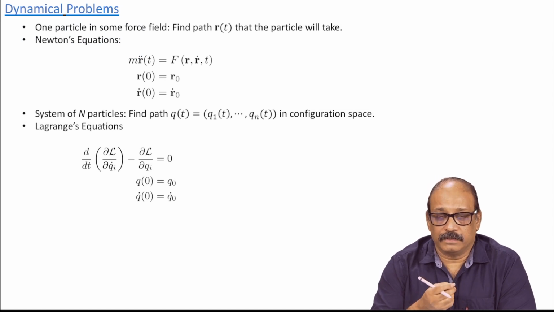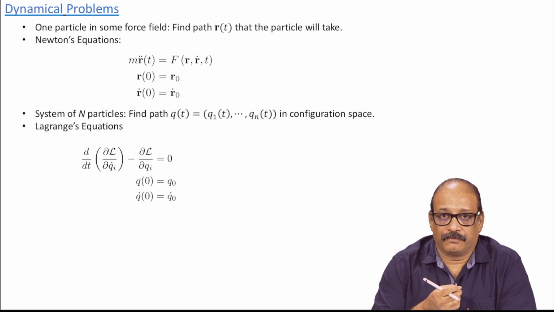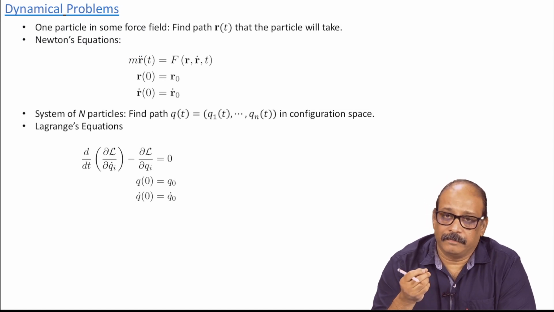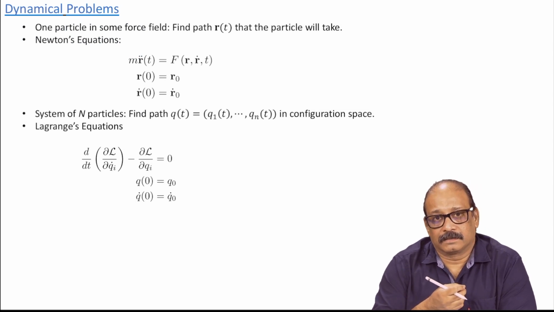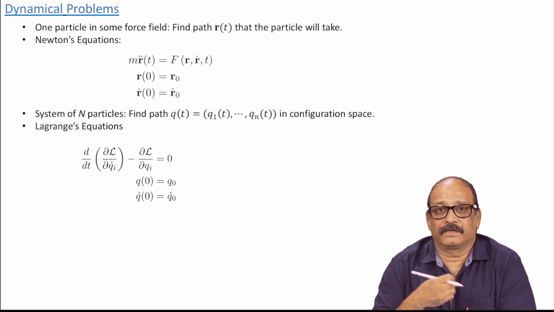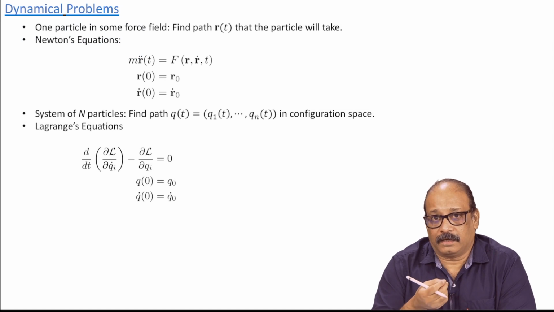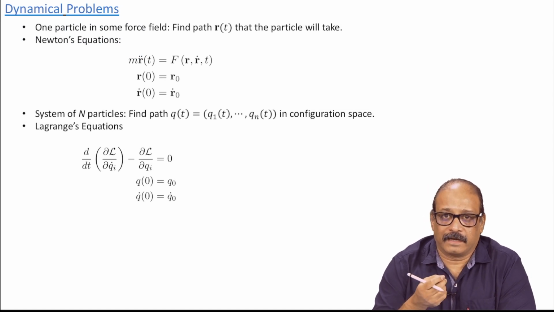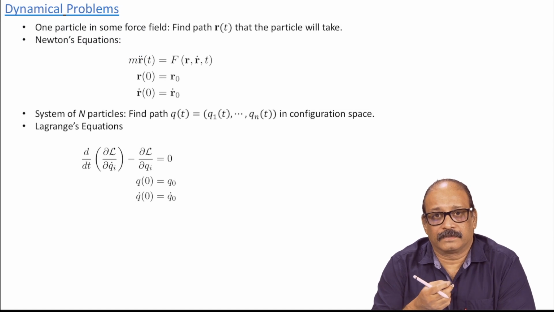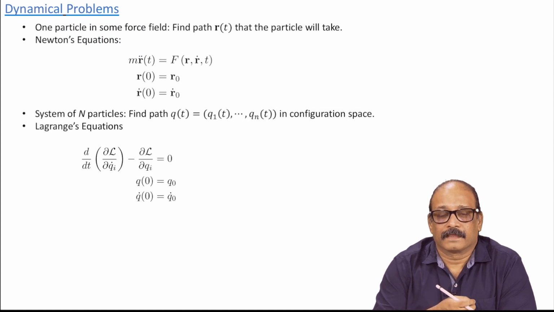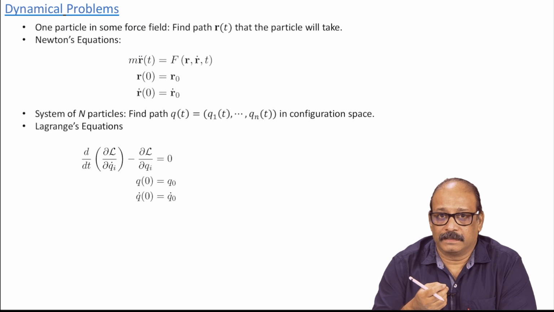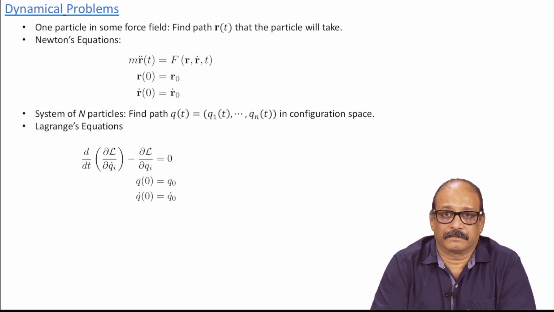And if we know the initial conditions, that is, if we know q and q dot at some instant of time, then we want to predict the path of the system in configuration space at some later time t. And which path would it take? Again, you have Lagrange's equations, which are second order differential equations, and the path taken by the system is the one which satisfies Lagrange's equations.